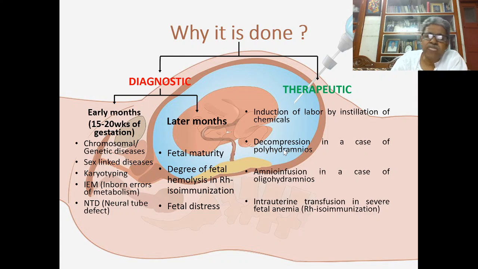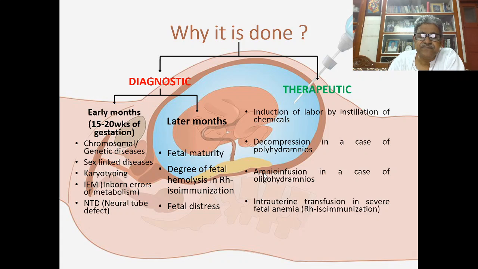Another is decompression in a case of polyhydramnios. Now, what is decompression in polyhydramnios? If the amniotic fluid pressure increases, that may cause different types of fetal distress, like immobility of the fetus, respiratory problems, and different types of anomalies may be expressed.